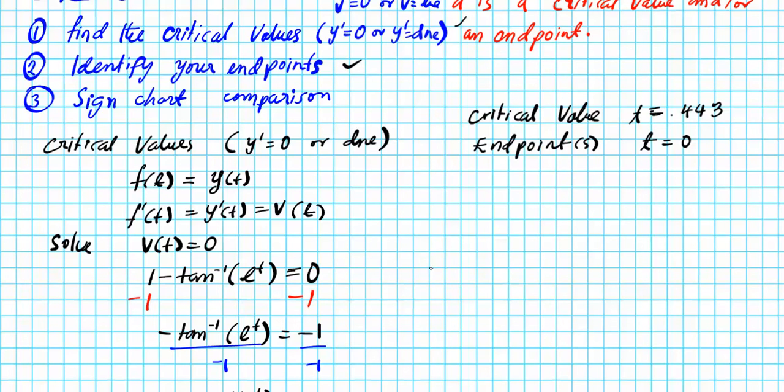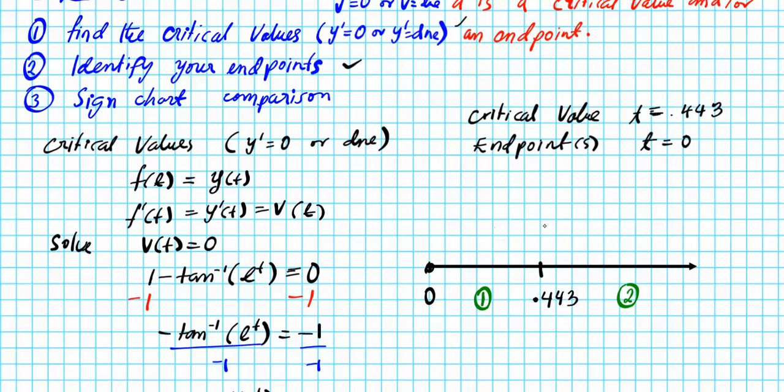So our sign chart starts from 0 and tends towards infinity. So we graph 0 and we graph the critical value, okay, 0.443. Now we're going to make our sign chart. We have two intervals. This is interval number 1 and interval 2. All right. So what is this chart going to help us to do?